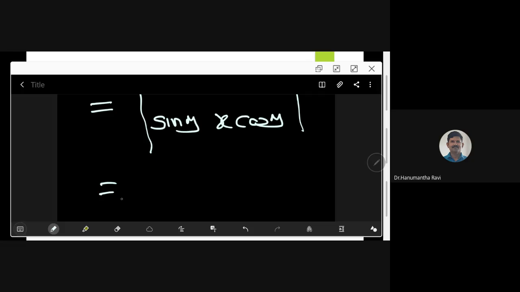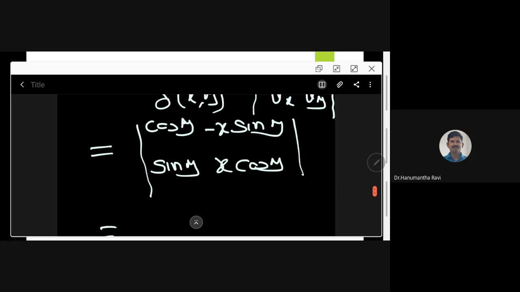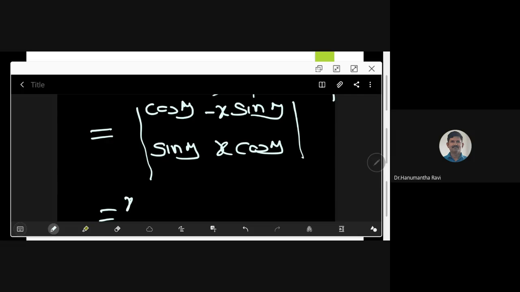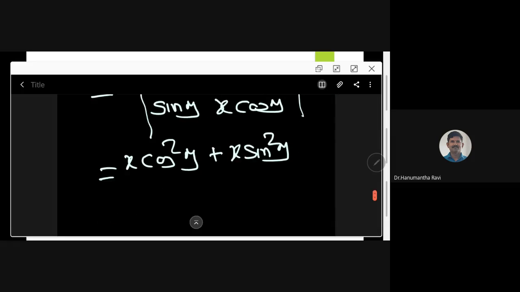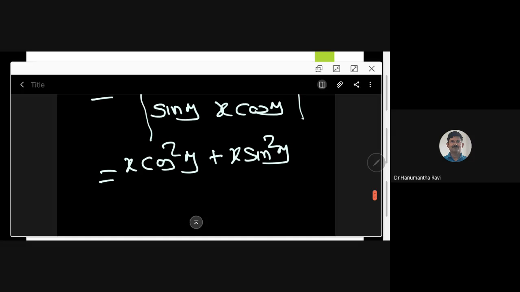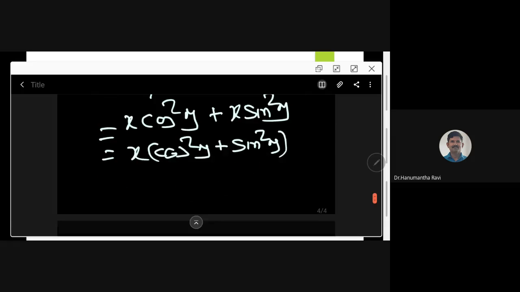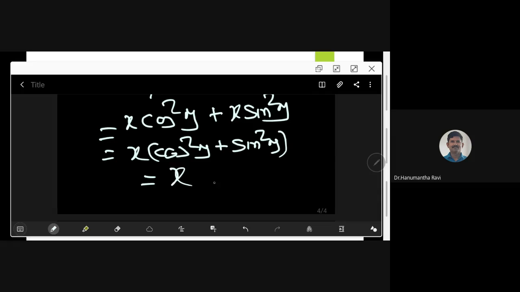So if we take the determinant here, it is equal to x cos squared y, minus into minus, plus x sin squared y. So it is coming as x into cos squared y plus sin squared y, and we know that it is x.